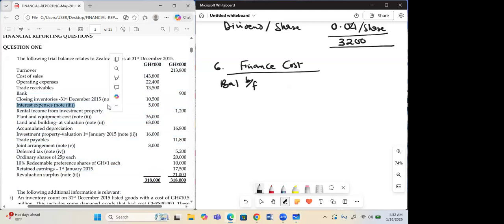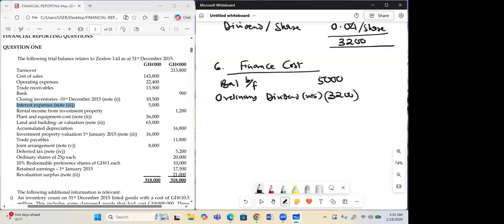But that 5,000, they say it includes overdraft charges, which is supposed to be there. The full year preference dividend is supposed to be there, but the ordinary dividend is not supposed to be there. So we'll take it out. Is that clear? The ordinary dividend, which we've worked in working 5, is 3,200.